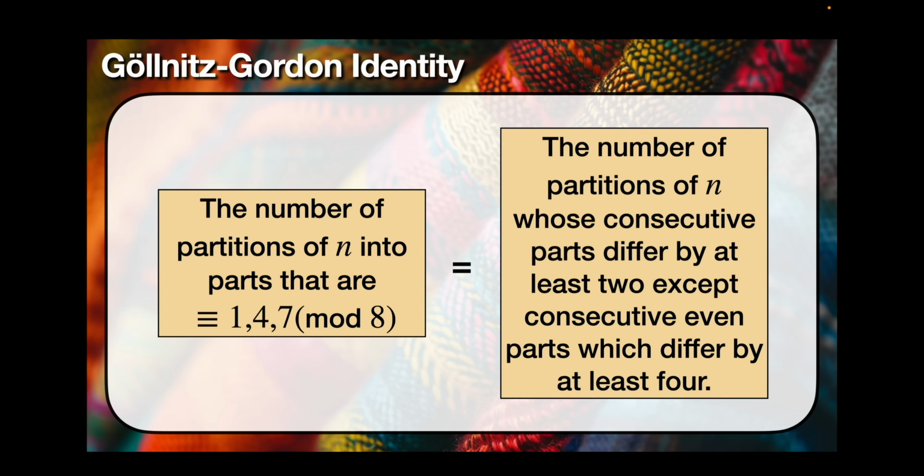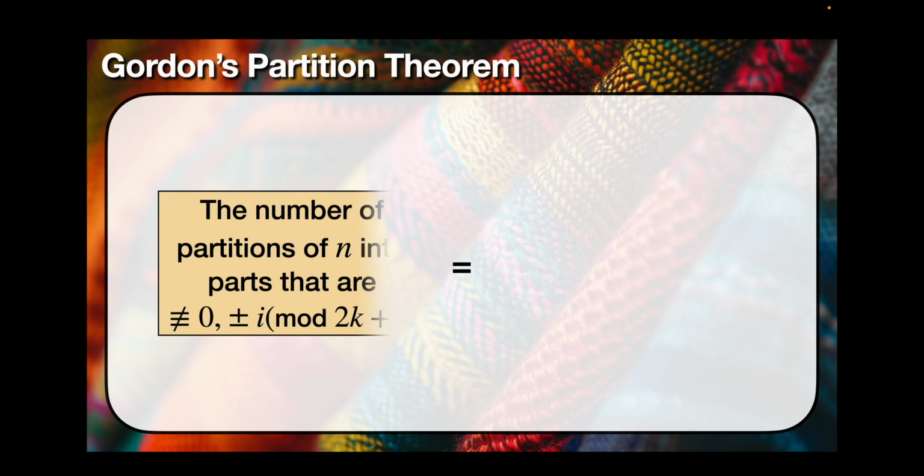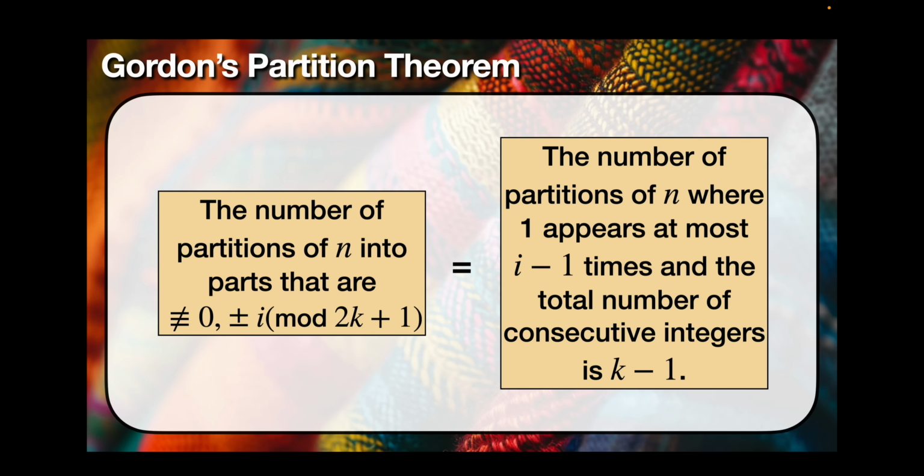Now, there's another one which is called Gordon's partition theorem, and that says that the number of partitions of n into parts not congruent to 0 or plus or minus i mod 2k plus 1 is equal to the number of partitions of n where the number 1 appears at most i minus 1 times, and the number of consecutive integers is at most k minus 1.